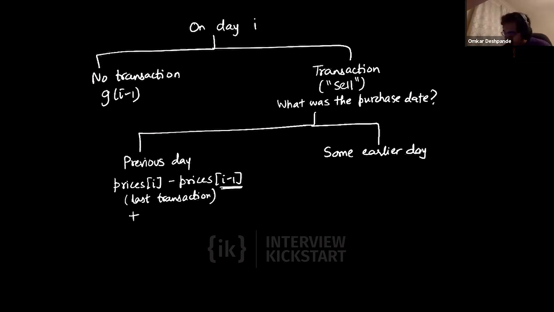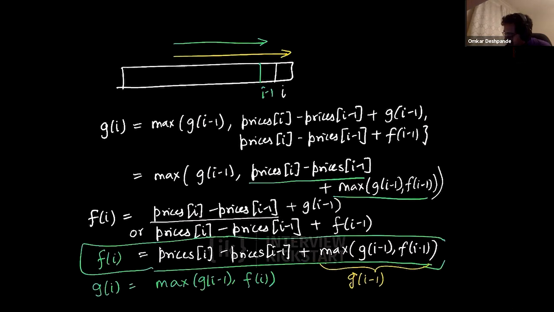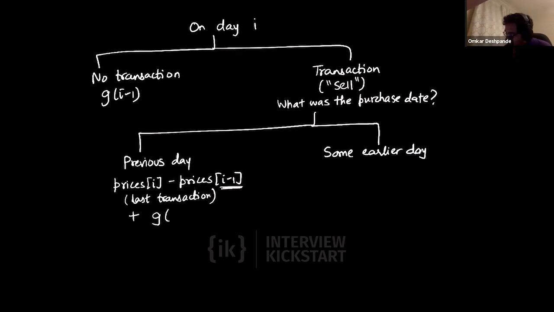So we will add to this a g value, but not... If we go back to what we did without having any constraints, we had a g value at index I minus 1, right? We were looking at any number of transactions that end at day I minus 1 and take the profit from those. Now this changes to I minus 3.